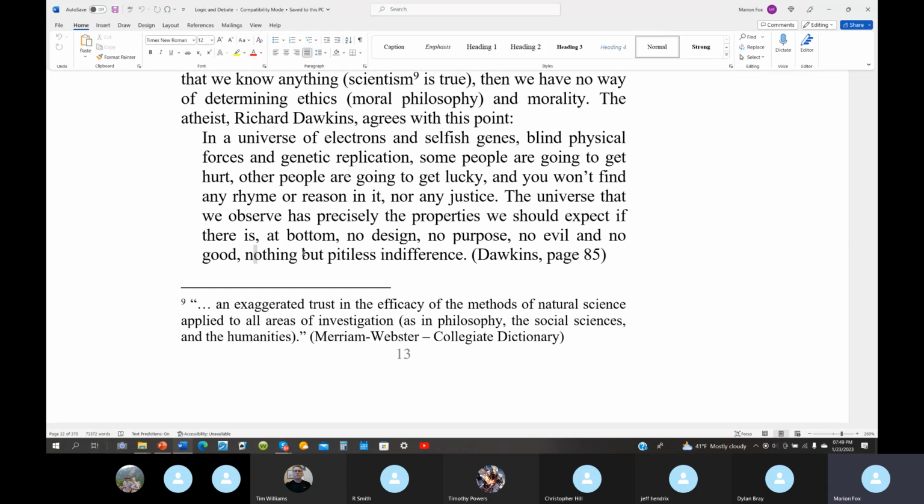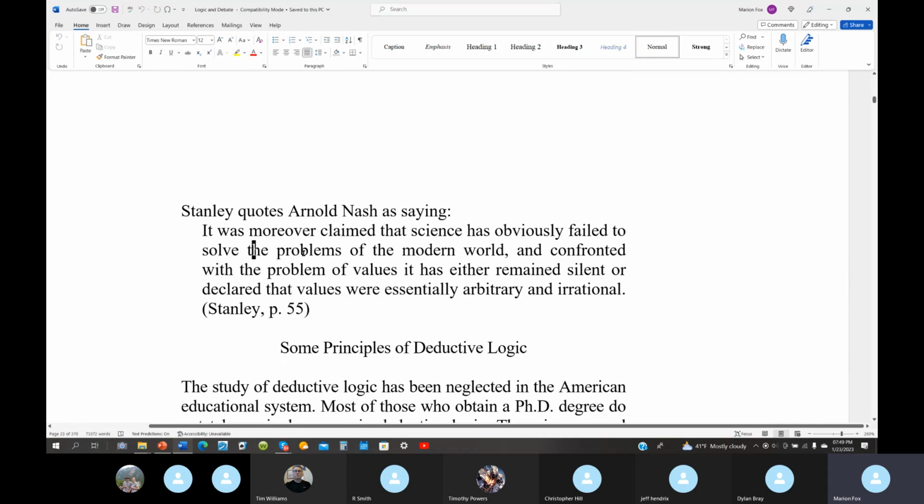And so we have people that have believed that. Stanley quoted Arnold Nash, and I've cited these books in the bibliography of this treatise. He quotes Arnold Nash, also an atheist. It was moreover claimed, he says, Arnold Nash does, that science has obviously failed to solve the problems of the modern world.